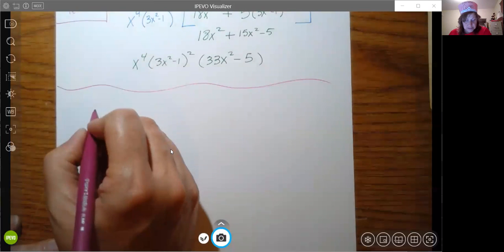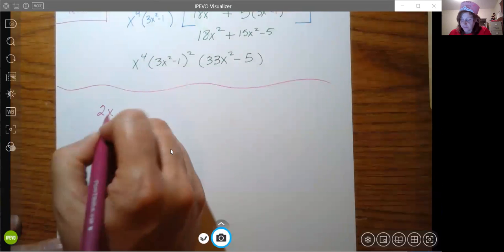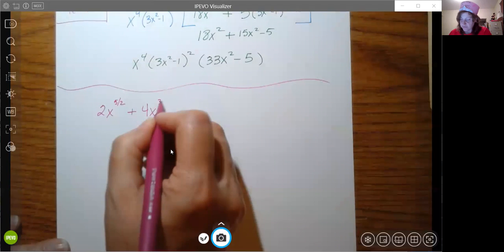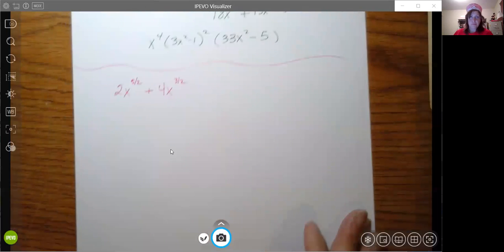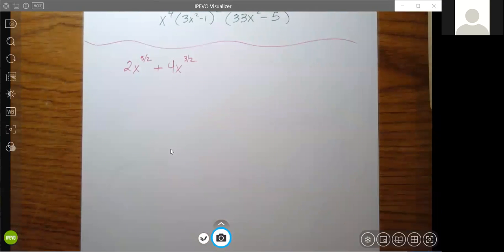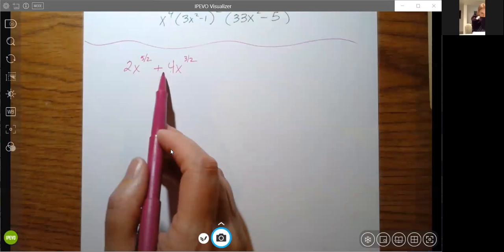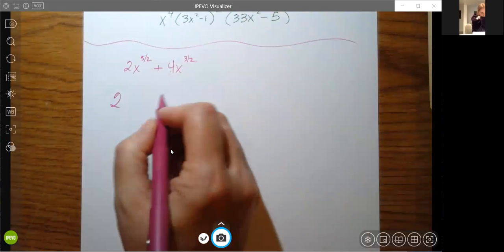Okay, so does your exercise 3 say 2x to the 5 halves power plus 4x to the 3 halves power? Yeah. All right, so remember what happens. Obviously, we just take out from the numbers a 2 and a 4. We'll pull out a 2.